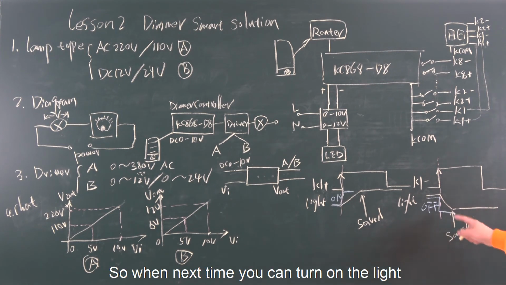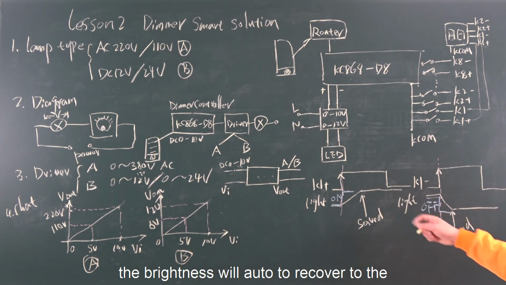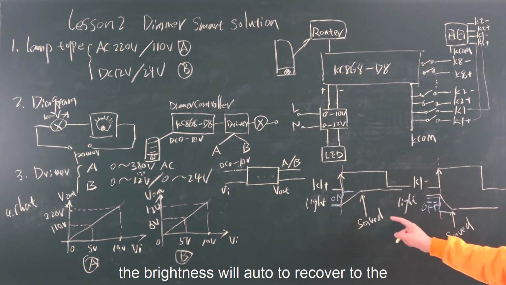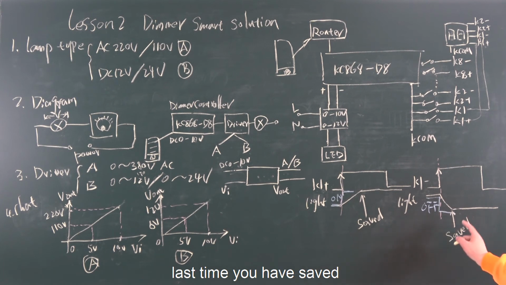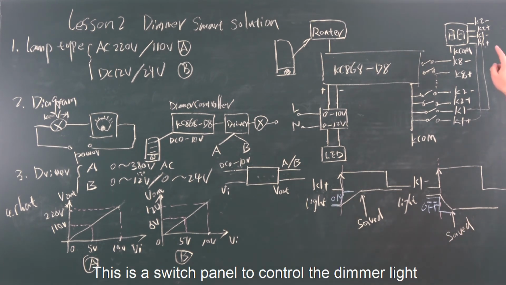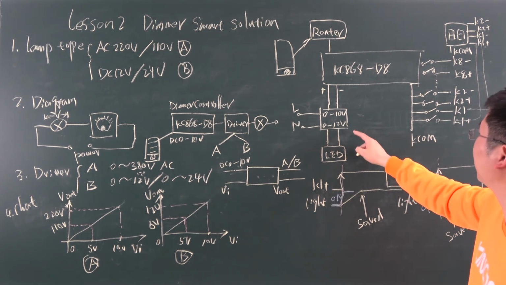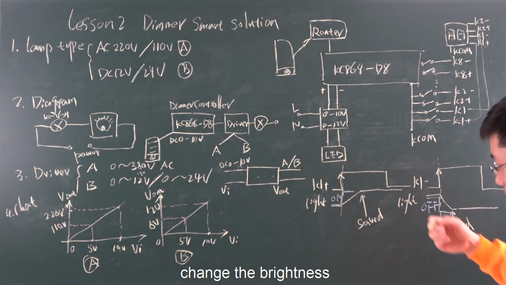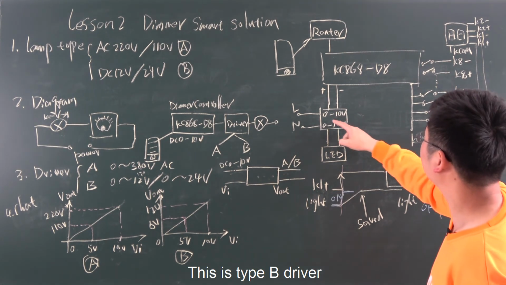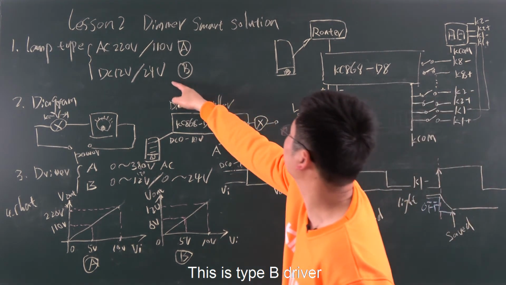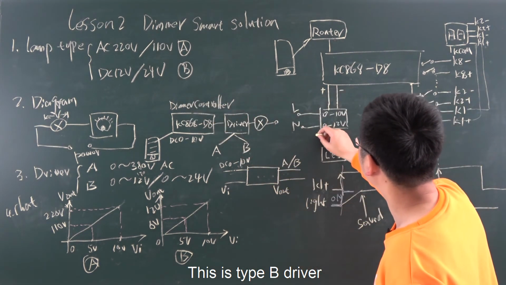So next time you turn on the light, the brightness will recover to the last level you saved. Okay, this is the switch panel to control the dimmer light and change the brightness. This is the type B driver.